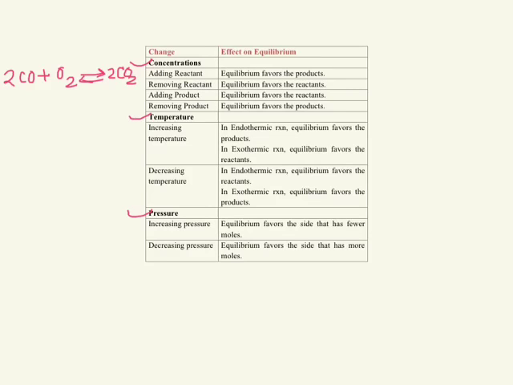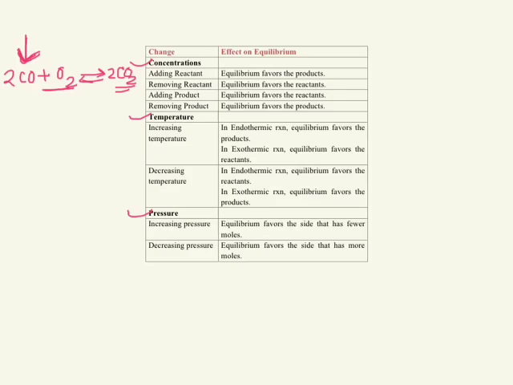Let's say what I'm doing is I'm adding more reactants, I'm adding more CO. If I add more CO, that additionally added reactant is going to start combining with oxygen to form the product CO2.